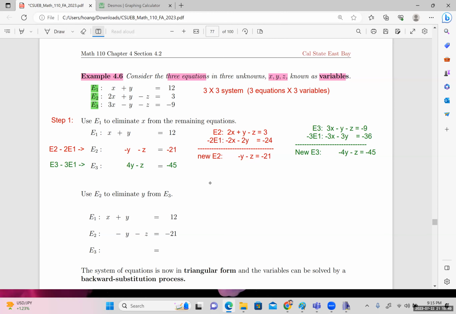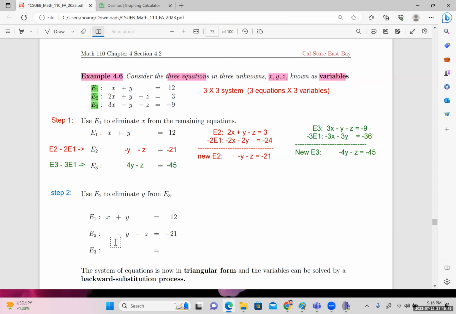Now we're going to use equation 2 to eliminate y from equation 3. So we don't want to touch equation 1 anymore.